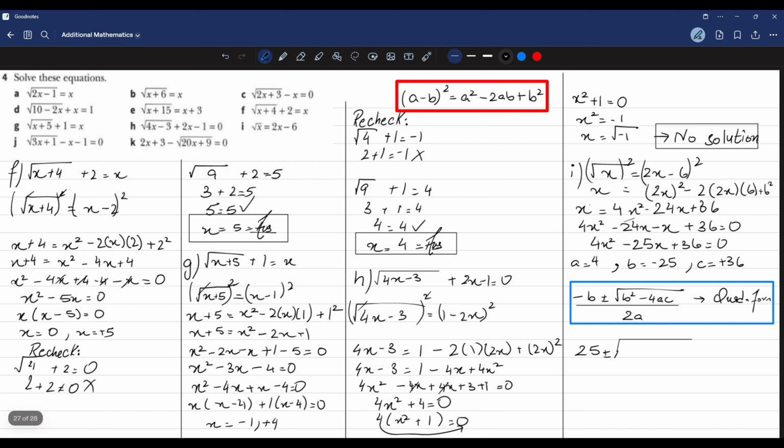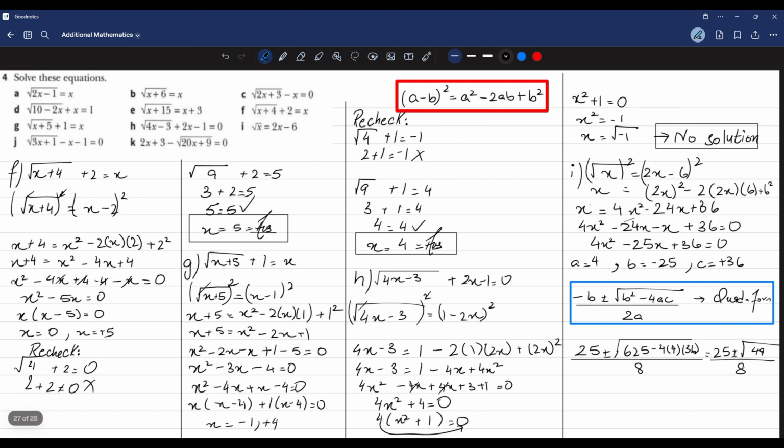So we have 625 minus 4 multiplied by c, which is 36, divided by 2 multiplied by a, which is 2 multiplied by 4 is 8. If I were to simplify this, 25 plus minus under root of 4 multiplied by 4 multiplied by 36 is equal to 576. And if you subtract 576 from 625, you get under root of 49 divided by 8.